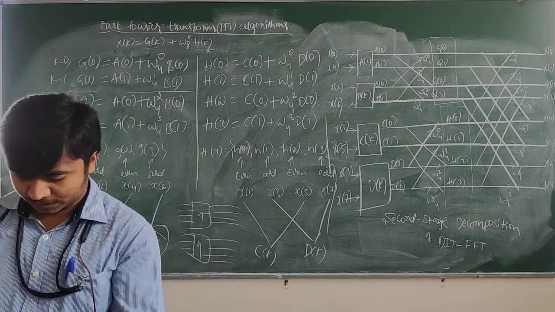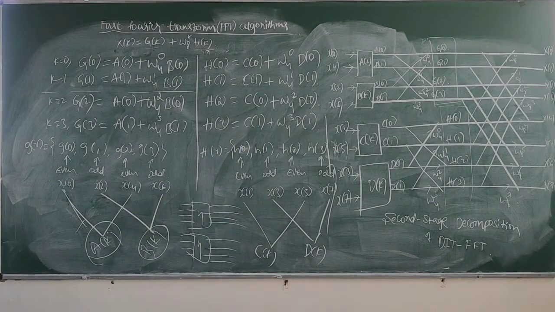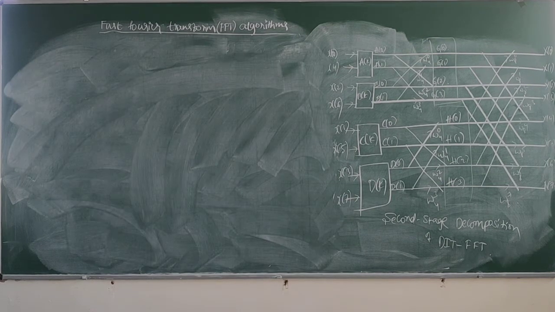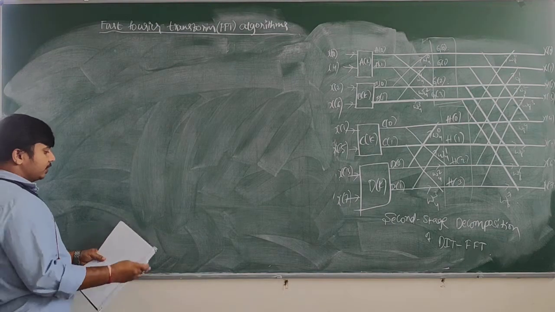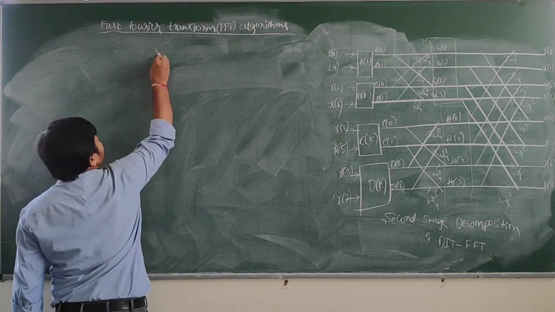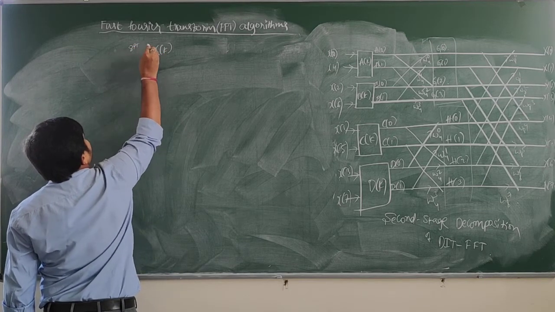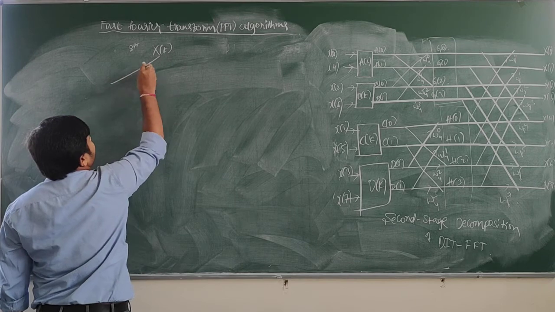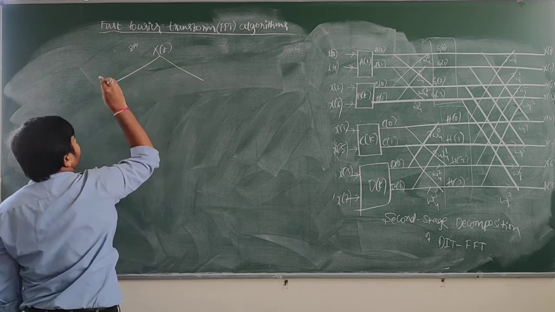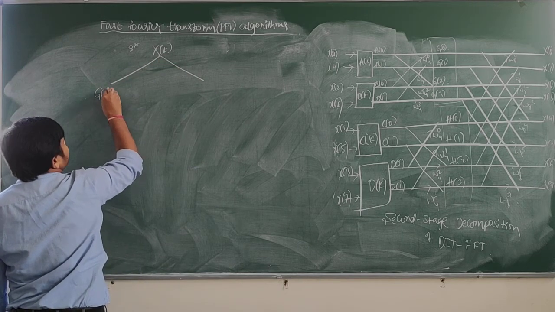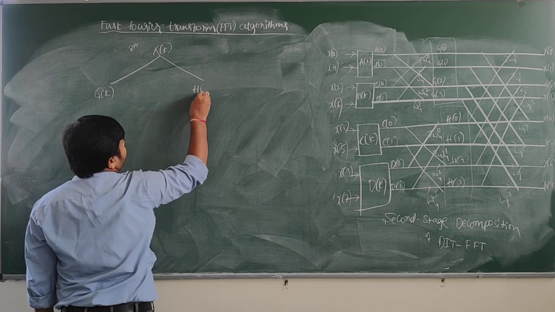So next. Okay. So till now what we have done, we had an 8-point sequence x of k. I have split this x of k into two sequences, g of k and h of k.